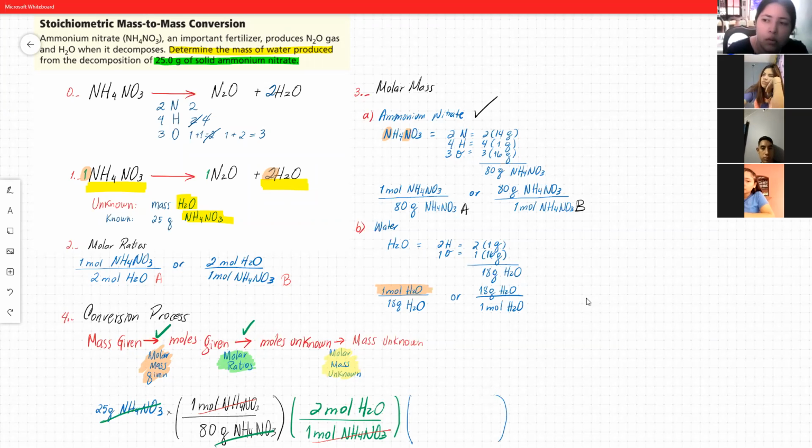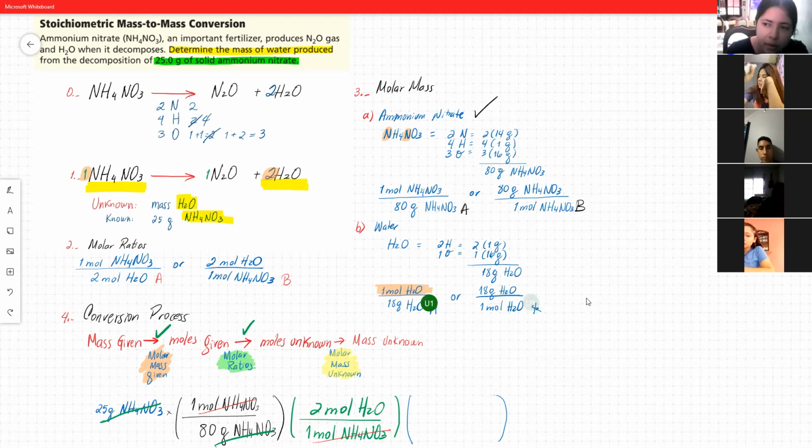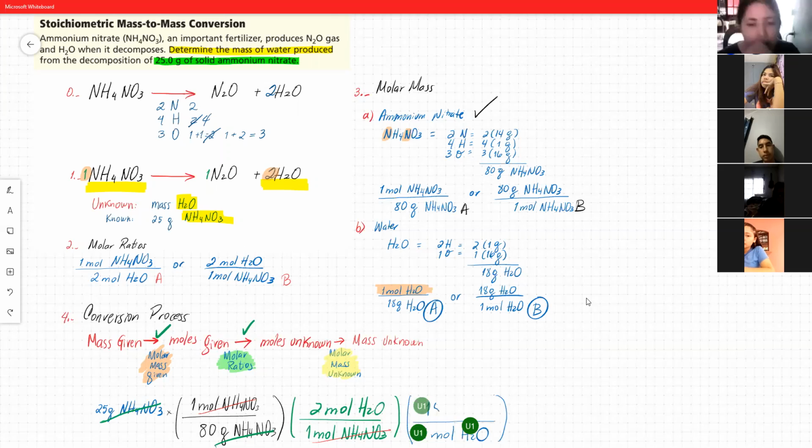What conversion factor am I going to be using, A or B? B. So I put the mole below and the mass on top. With this, I can now eliminate the moles of water, and the remaining unit is grams of water. That is what the problem is asking me.